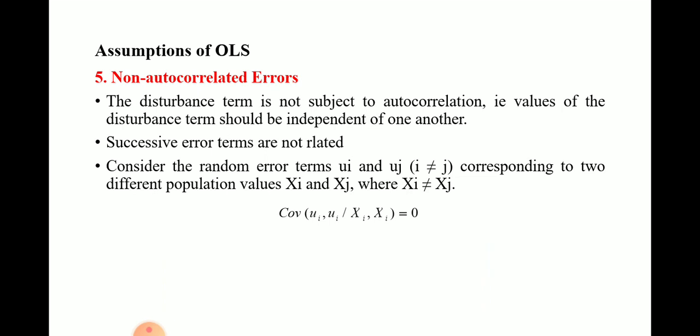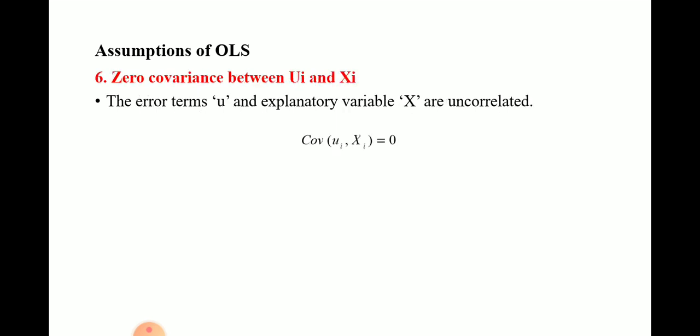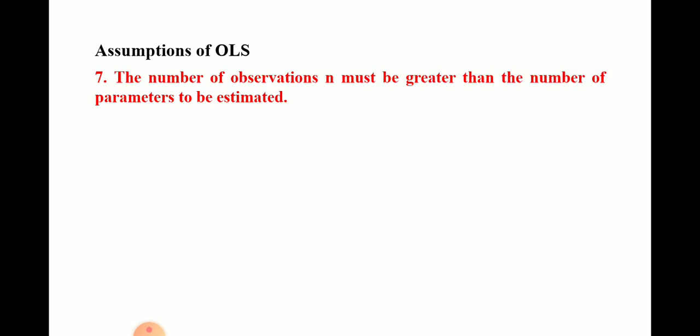This is what we call no autocorrelation. Sixth assumption: no correlation between xi and ui. That means your independent variable x and your random error term ui should not have any correlation. So there is no covariance between your disturbance term ui and your independent variable xi. Yes, those are the 6 assumptions.